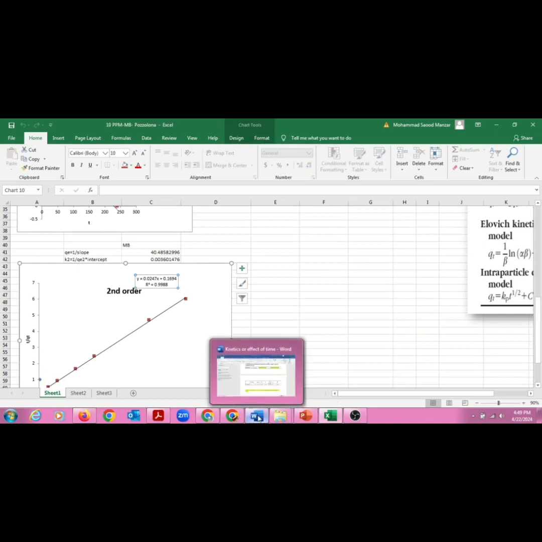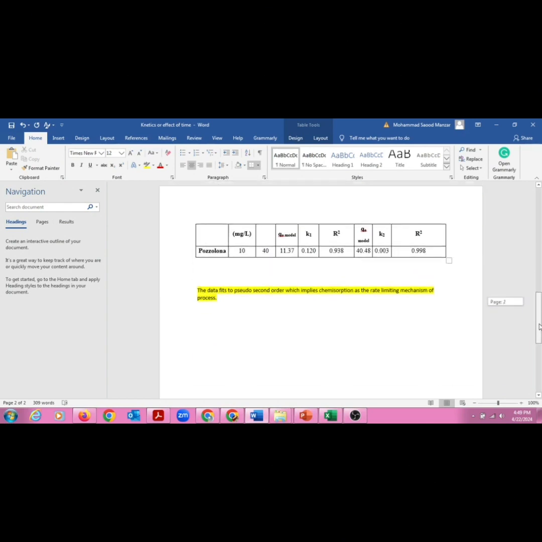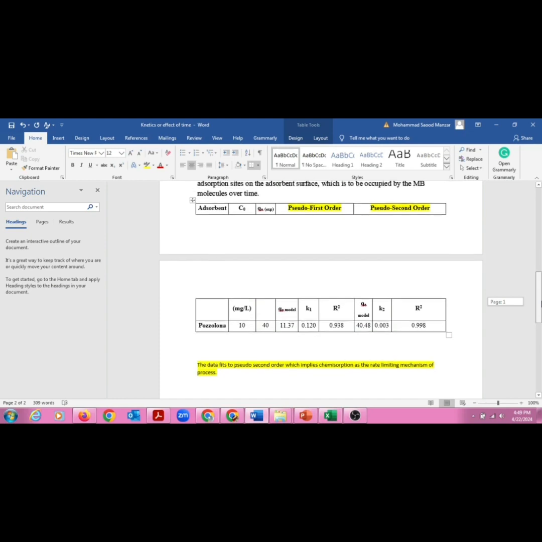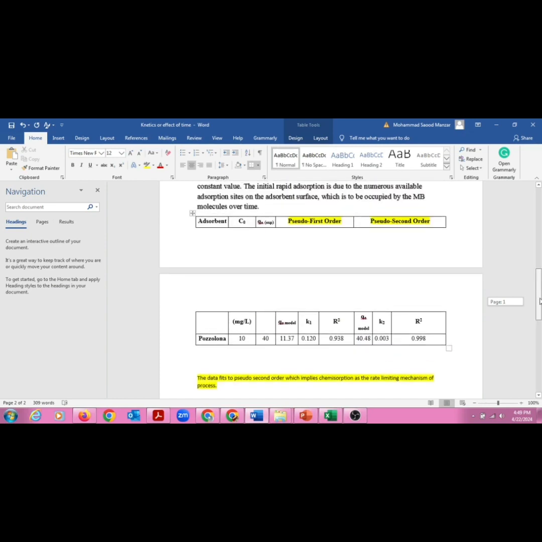After copying these values, you can see here the initial concentration was 10, and this is our experimental value, and this is our model. So this is conforming to the second order, which implies chemisorption as the rate limiting mechanism of the process. And also you can plot the data using Origin.